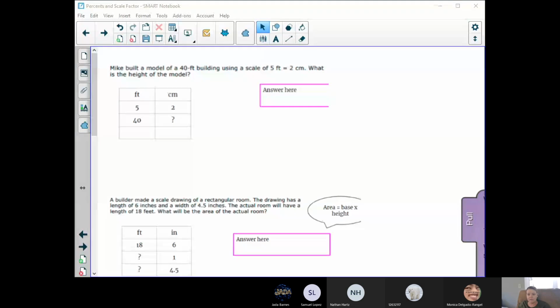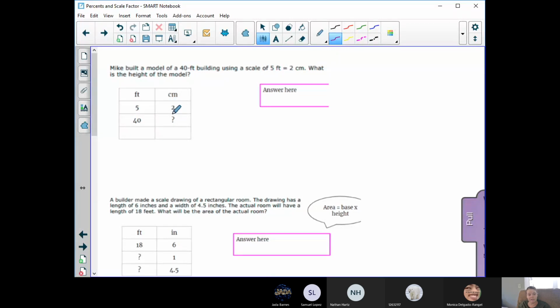All right, just to review a couple things, and we kind of touched on this already. Whenever we're doing scale factor, remember back to when we did unit rates and we filled in our ratio tables, you're going to work through some of these the exact same way. You can build a table. So if I look at this, every 5 feet on the actual building is 2 centimeters on the scale.